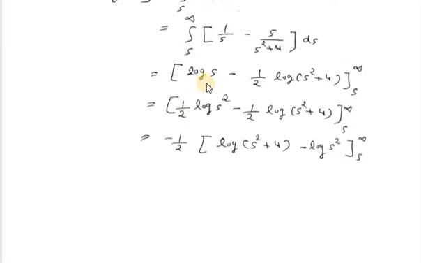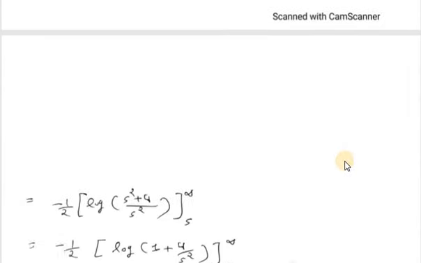After applying the property of logarithm, 2 log s becomes logarithm of s square, minus 1 by 2 into logarithm of s square plus 4, and the limit is from s to infinity. Now taking minus 1 by 2 common, it becomes logarithm of s square plus 4 minus logarithm of s square, and the limit is from s to infinity.